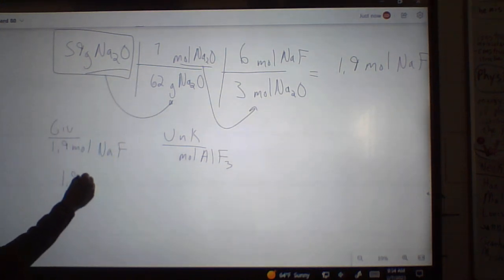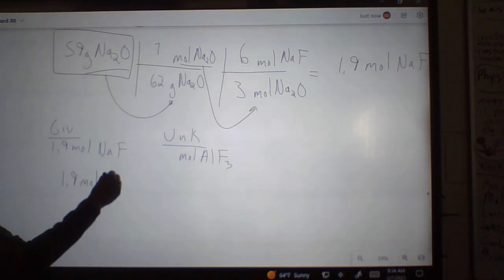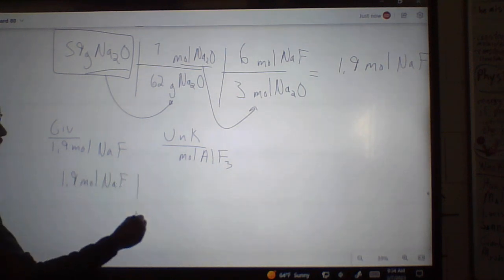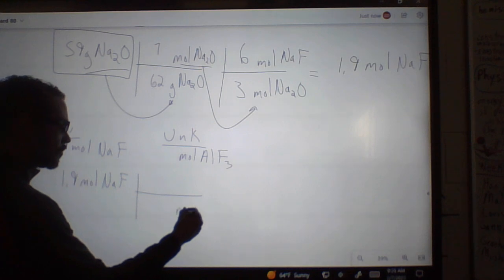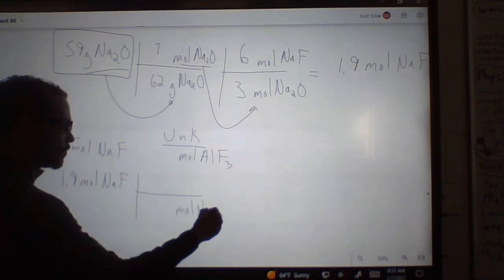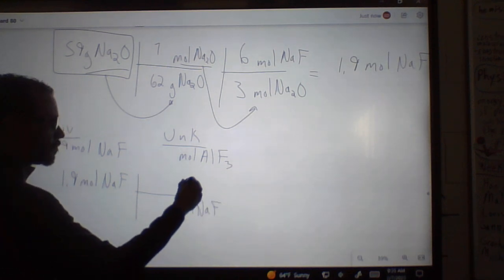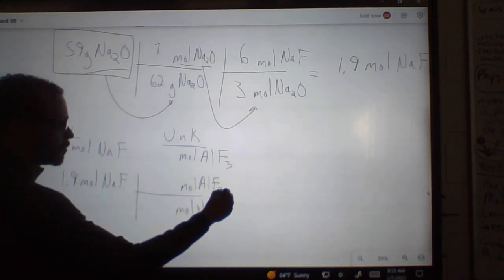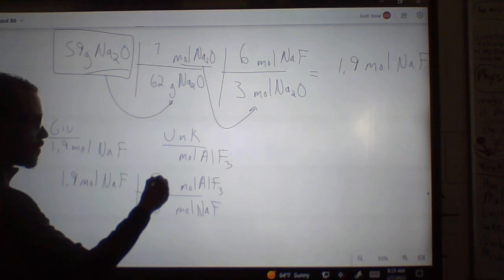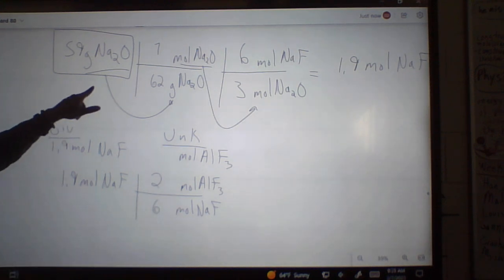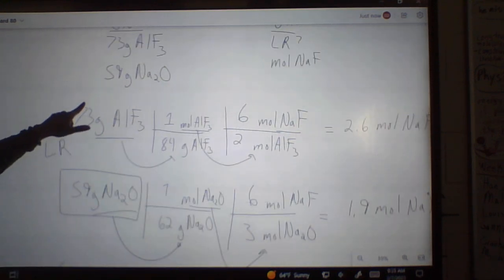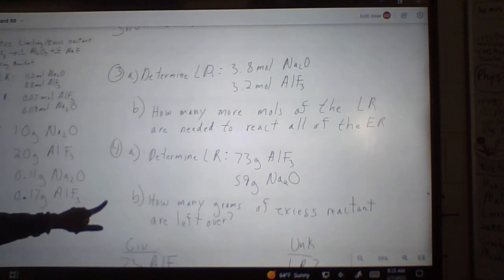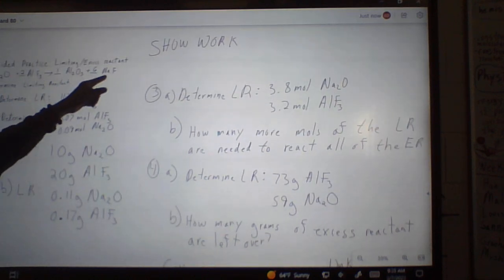No mathematics, just copying in alphabets. So I can get these from the balanced equation. AlF3 is going to be 2, NaF is 6.